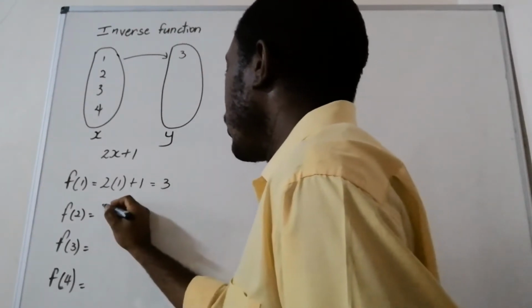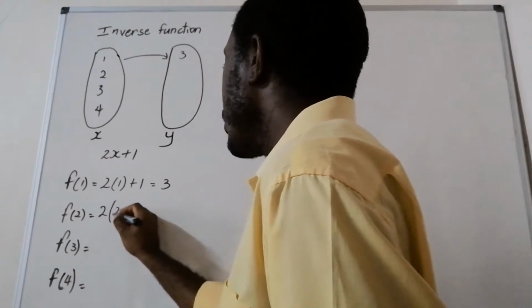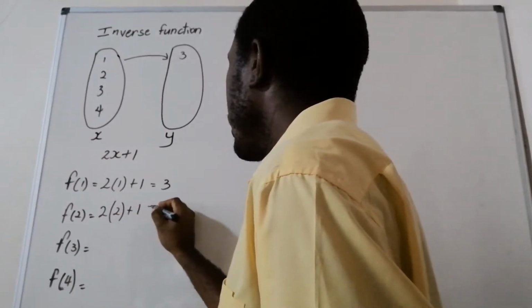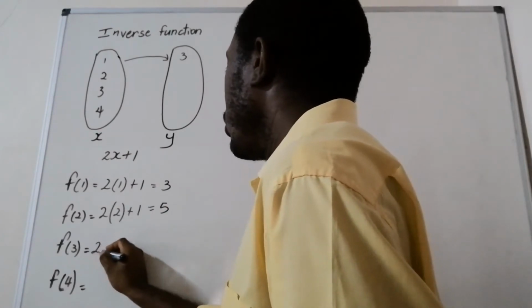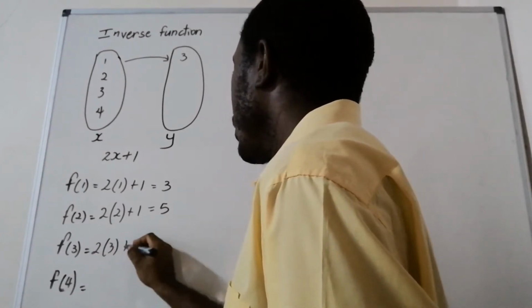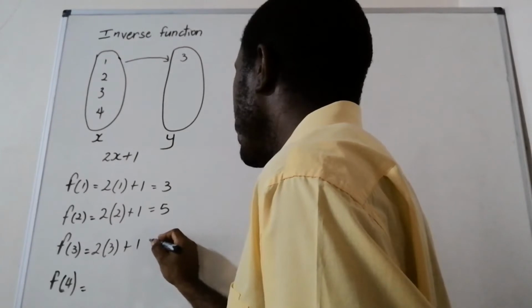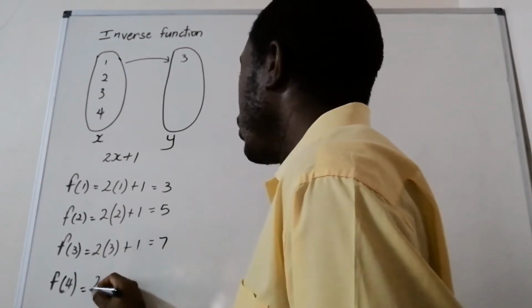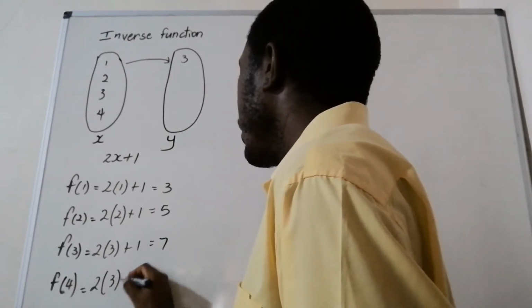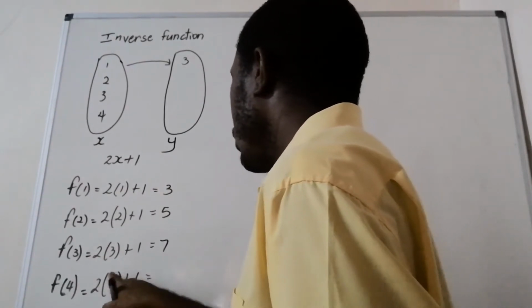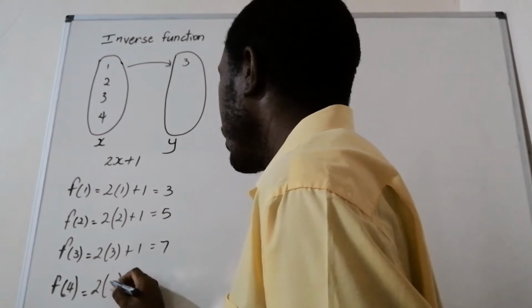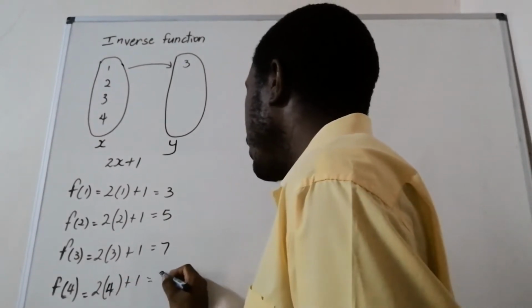Now let's go with 2. 2 times 2 plus 1. 2 twos are 4, and 1 is 5. Let's complete them. 2 times 3 plus 1, 2 threes are 6 plus 1 is 7, and 2 times 4 plus 1 will be equal to 9.